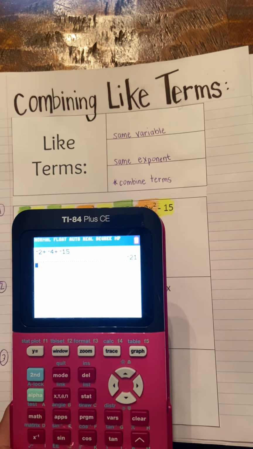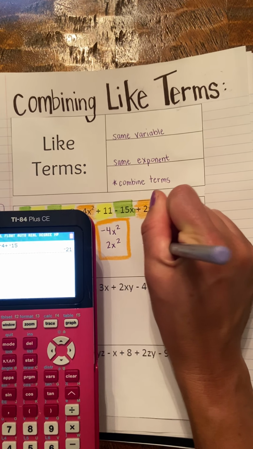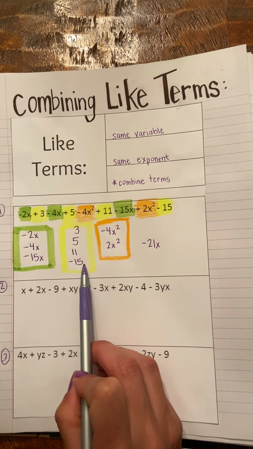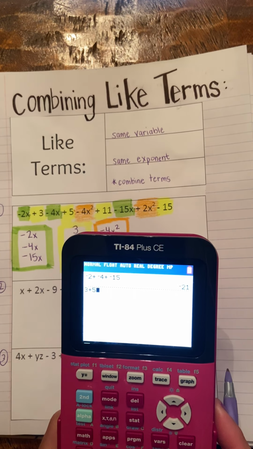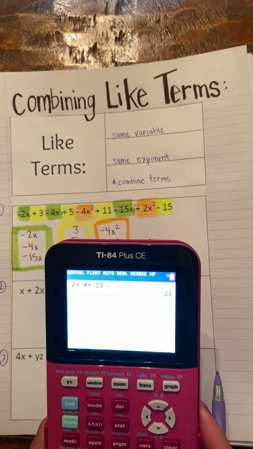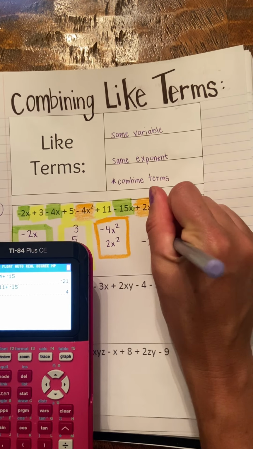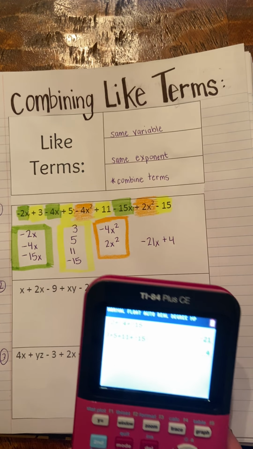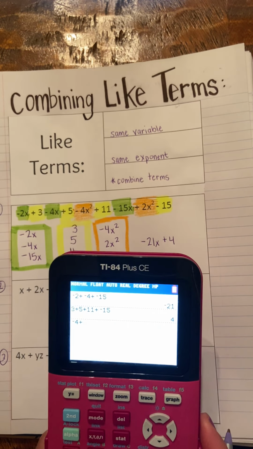And then don't forget the variable. So the green term is -21x. Okay. And then we're going to combine our yellow terms. That's 3 plus 5 plus 11 plus a -15. And you end with a +4. So +4. And then lastly is our x squared terms. That's -4 plus 2.